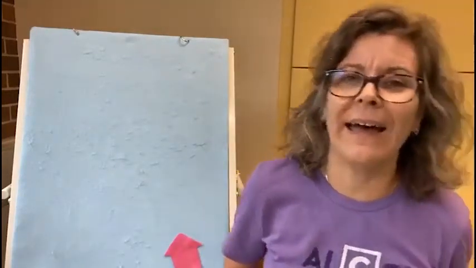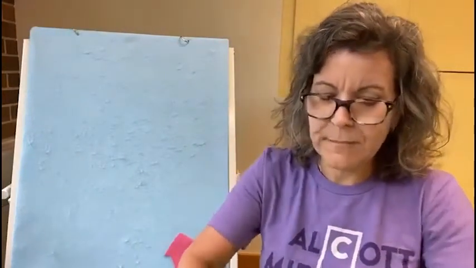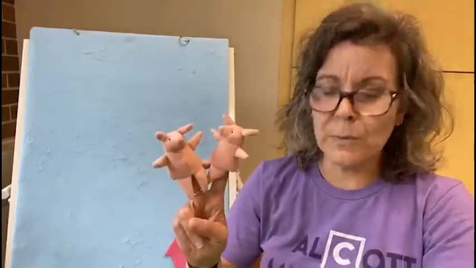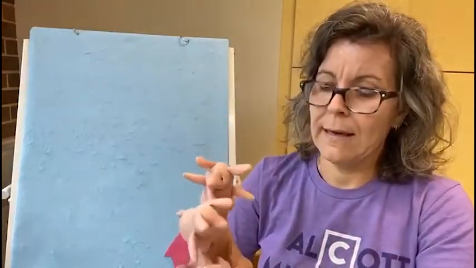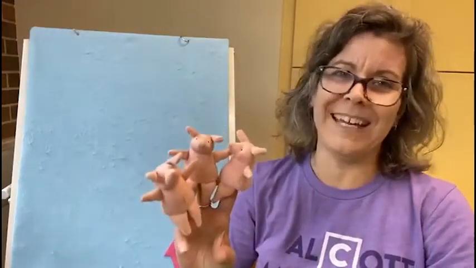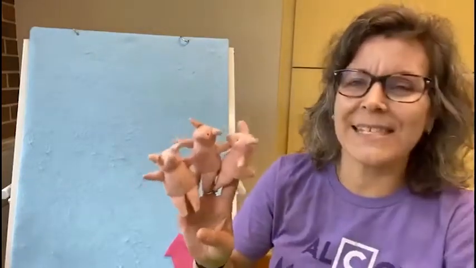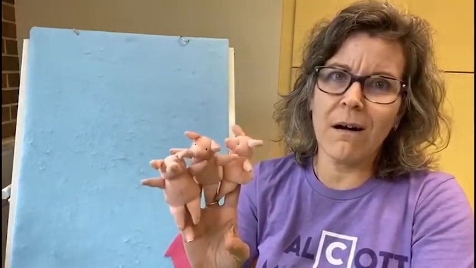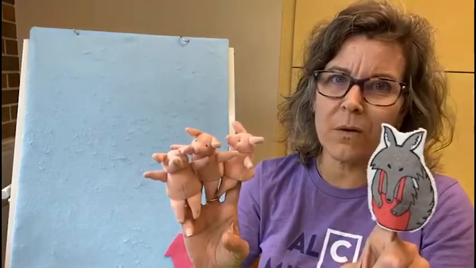Well, I have a rhyme that I'm going to do with finger puppets. We've got 1 piggy, we've got 2 piggies, and we've got 3 piggies. And it goes like this. 3 little piggies were sitting in the house when along came the wolf, as quiet as a mouse.